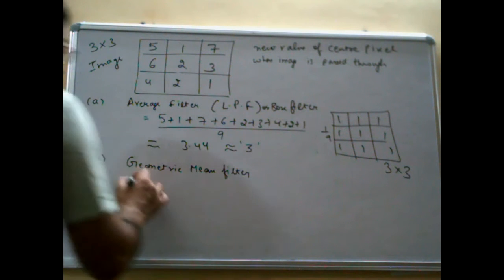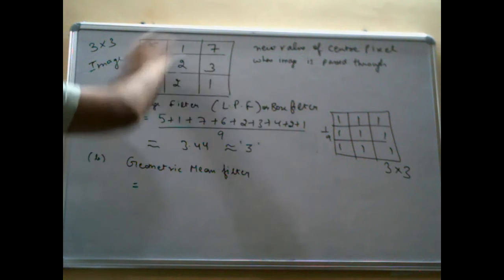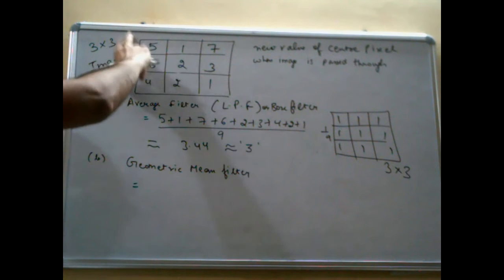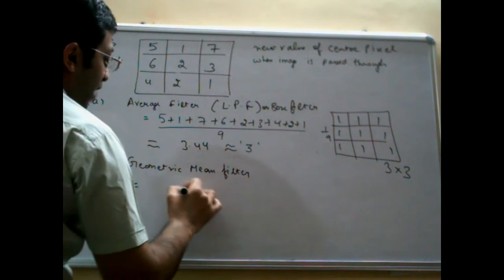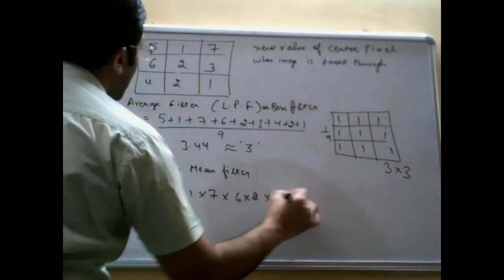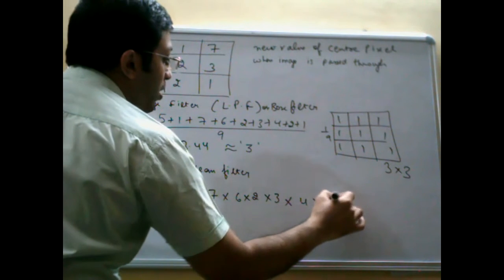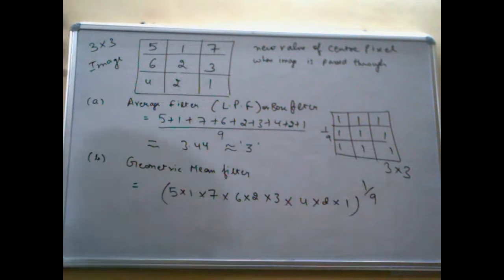You simply multiply all the values of this 3 cross 3 window of the original image. Like you will write: 5 into 1 into 7 into 6 into 2 into 3 into 4 into 2 into 1, whole raised to power 1 by 9. 9 is the total number of pixels that are present.